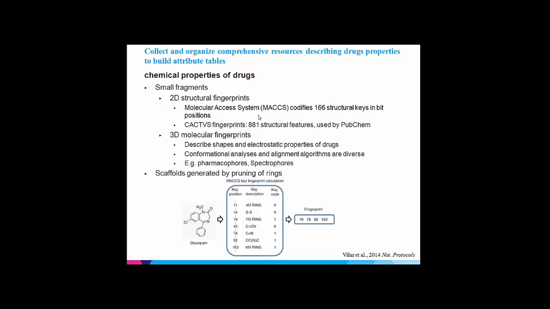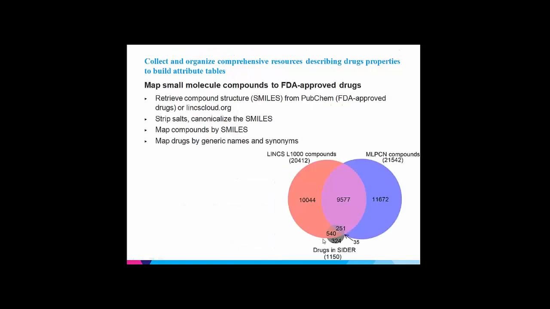For this project, we simply use the 2D structural fingerprints called MACCS, which has 166 structural keys in the bit positions. Here is a figure showing how you can convert a drug structure to a chemical fingerprint.